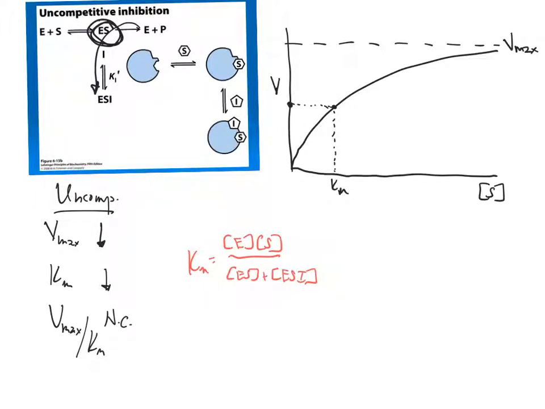So now we get to draw all that. Which sounds like it's going to be really hard. What do you mean when you say apparent? I say apparent because it's not a true Km anymore, or true Vmax. The true Vmax is what happens if there's always substrate in the enzyme. It's going to look like the Km is decreasing, but the Km for substrate really isn't.